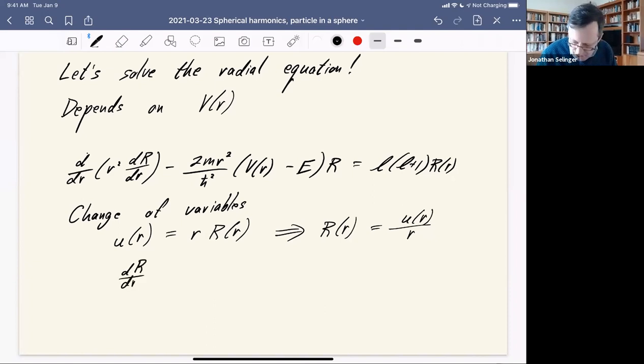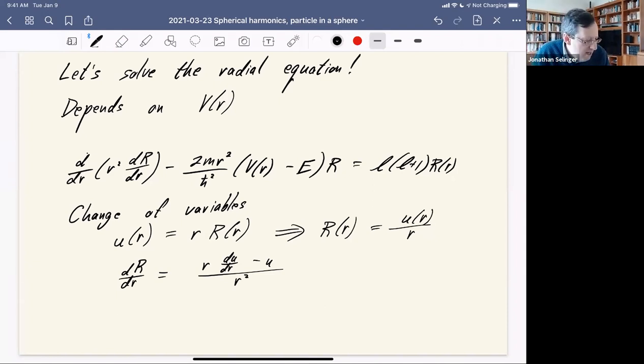If you want the first derivative of capital R, you get little r du dr minus u all over r squared, right? That's the formula for the derivative of a ratio.